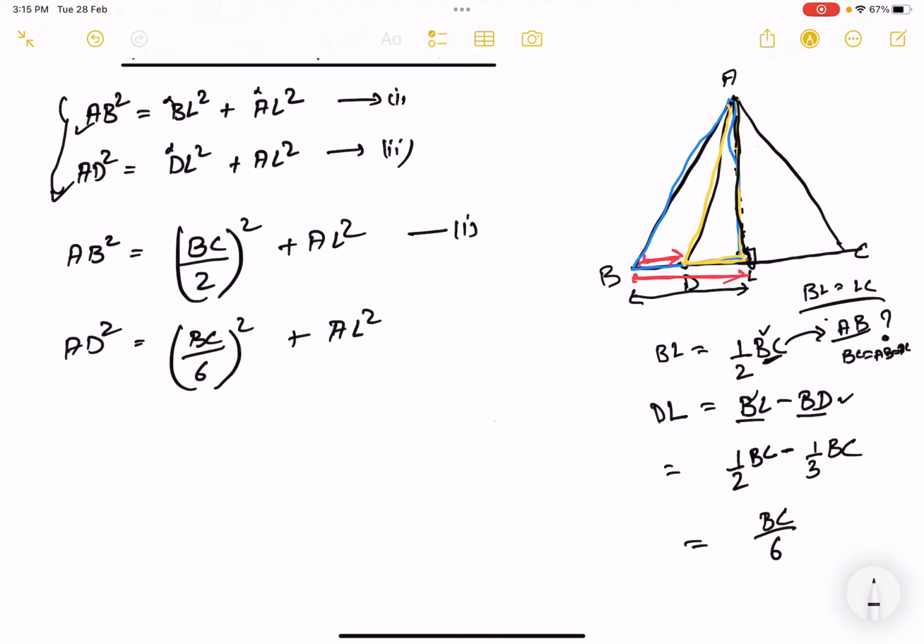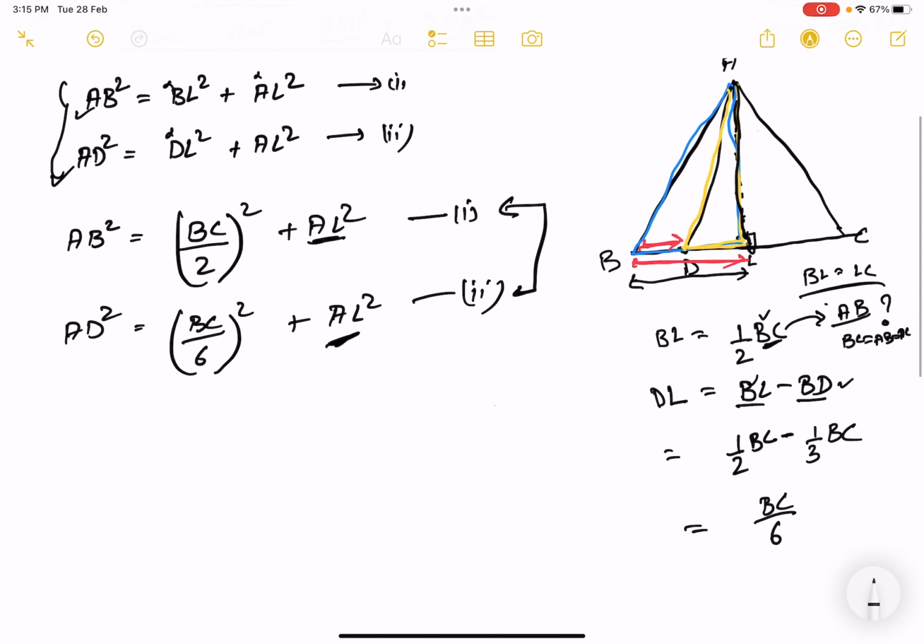Let this again be 1 and this be 2. Now again we want to eliminate AL square, so let us subtract these two equations. We have AB square minus AD square, and again I am going to write BC is equal to AB because the triangle is equilateral.